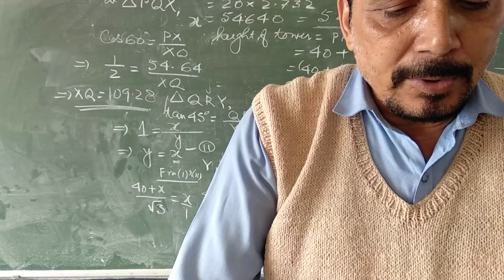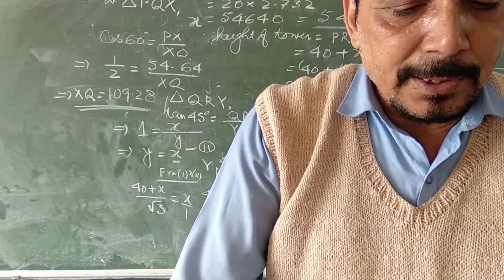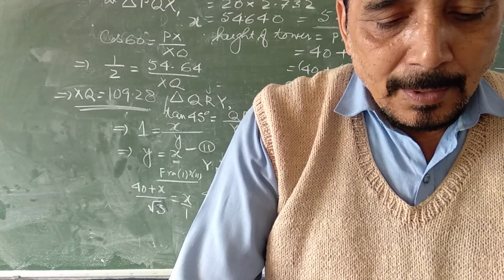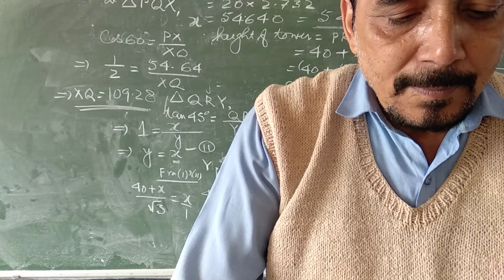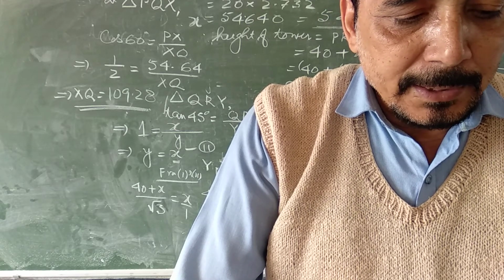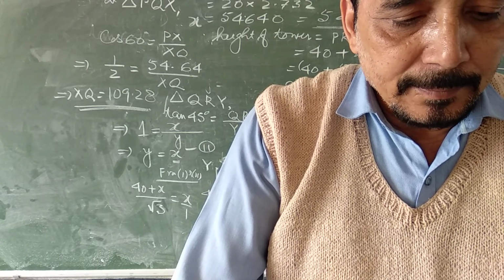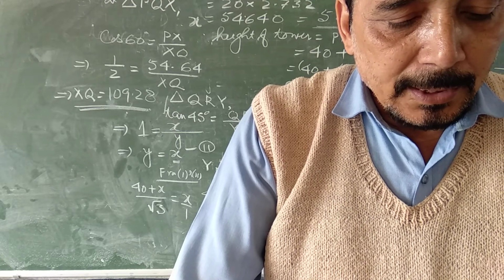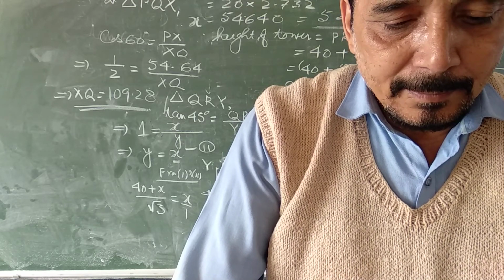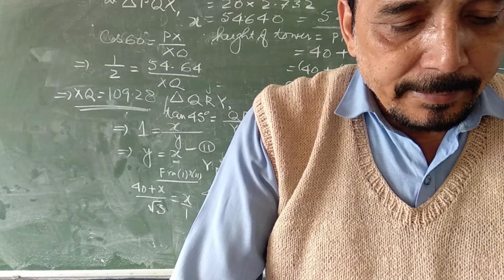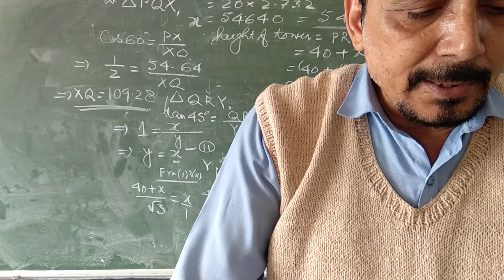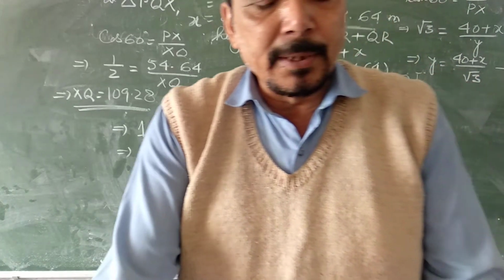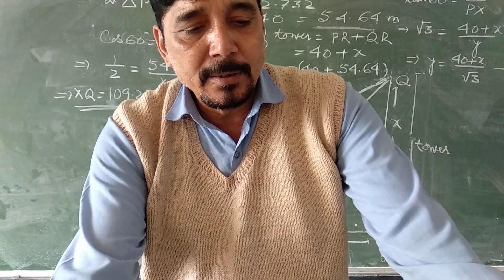There is a lighthouse standing vertically on the sea level. The angle of depression of the ship is 30 degrees. When it moves towards the tower, the angle of depression is 45 degrees. Now we have to find the distance traveled by the ship during the period of observations.